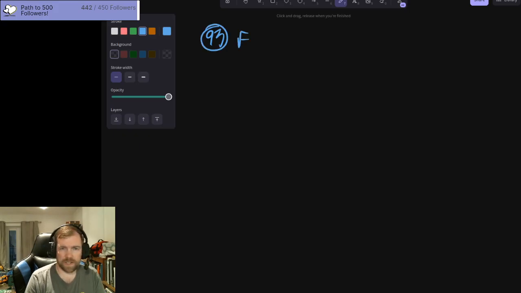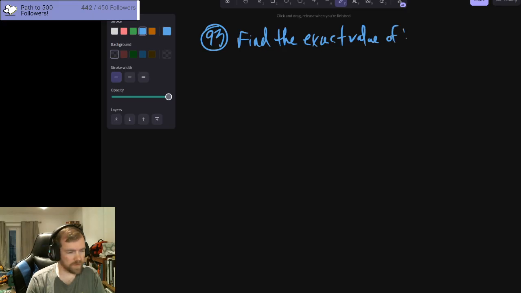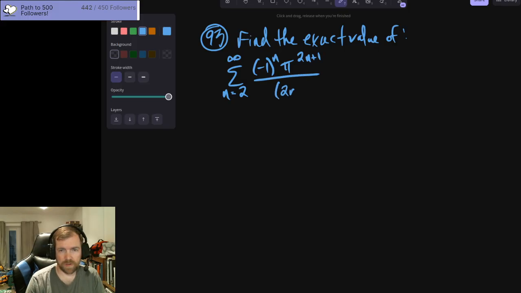Alright, find the exact value of the following: the sum as n goes from 2 to infinity of (-1)^n times pi^(2n+1) divided by (2n+1) factorial.